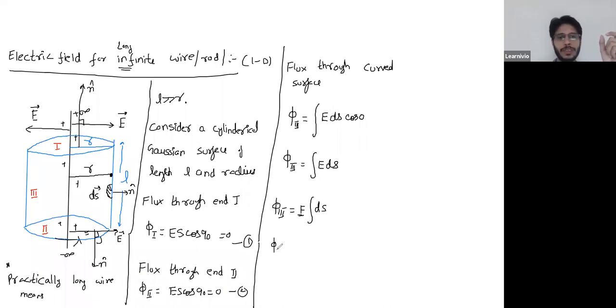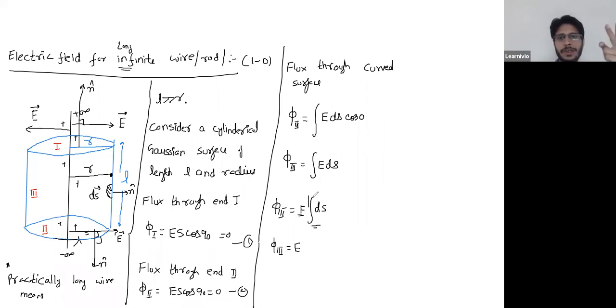Jubaina, what should be the value of this particular integral of ds? No, ds is a small portion of the curved surface, and I'm integrating over the entire curved surface. I'm asking about this integral only, just ds.